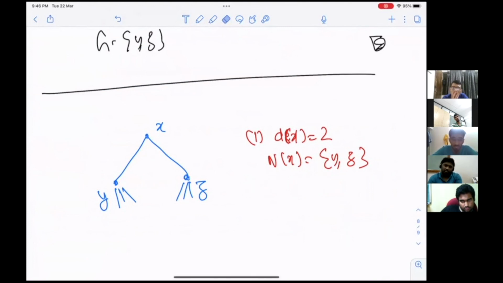But I could also have a degree 2 vertex of this nature, no? YZ has no edge. What rule?